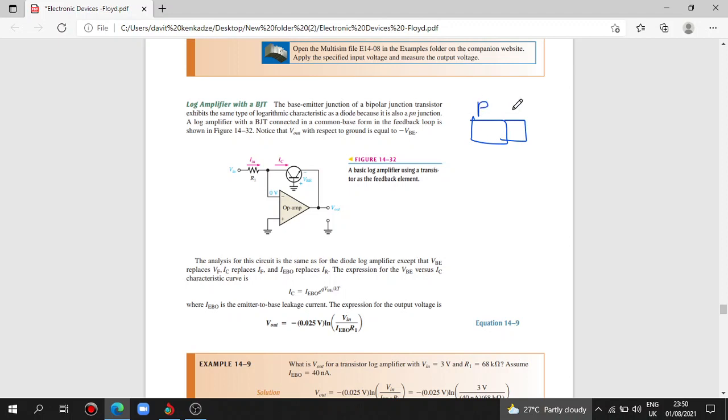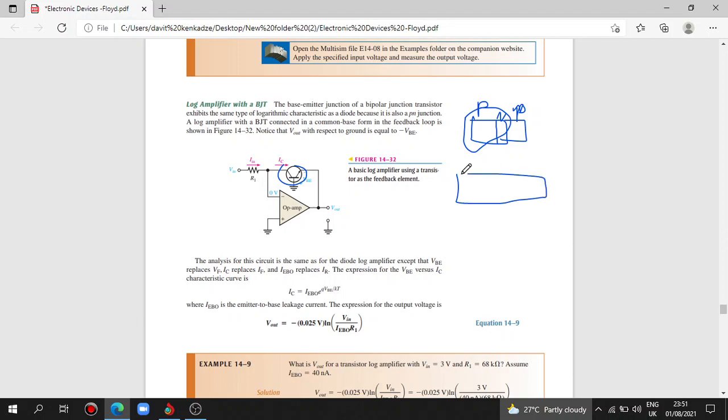For example, this is P and this is N, and a transistor has three layers of semiconductor material, and it can use only two of them and act as a diode, because the base is grounded.